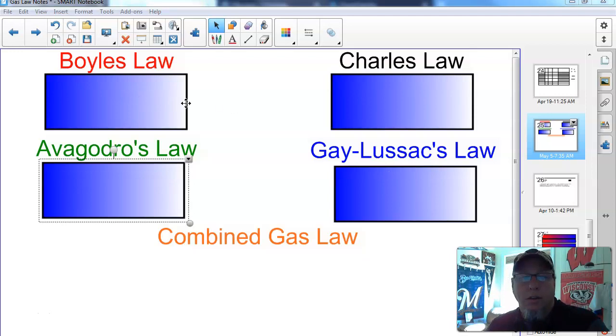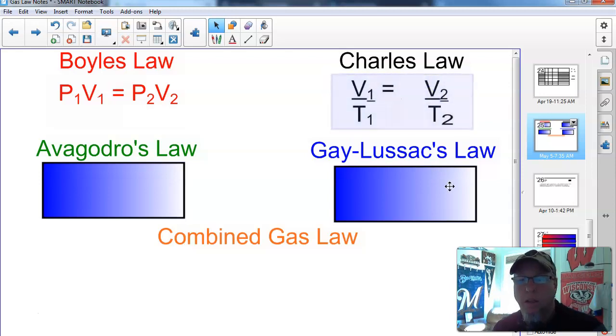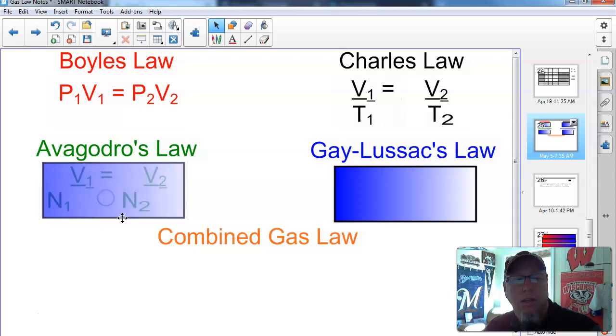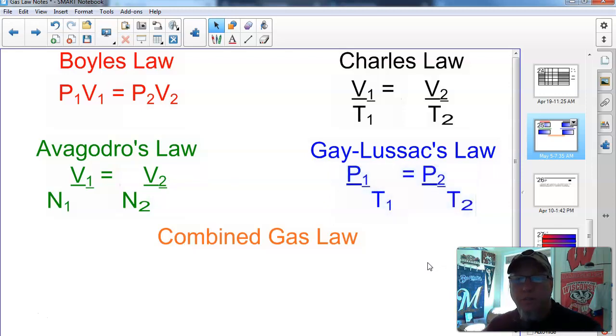So here are the laws that we know at this point. We know Boyle's law that relates pressure and volume. We know Charles' law, and Charles' law relates volume and temperature. Avogadro's law, and if you notice I wrote these a little weird, you'll see why in just a second. And Gay-Lussac's. So, you already know what the combined gas law is.